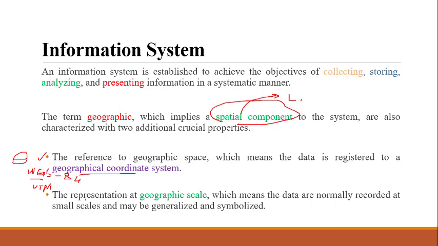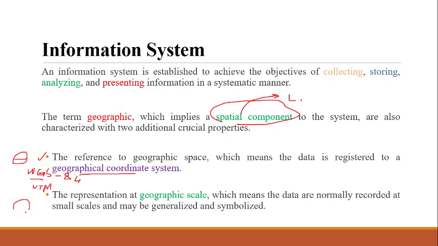The other one is the representation at geographic scale, which means the data are normally recorded at small scale and may be generalized and symbolized. Every piece of data that we take on the earth's surface has some kind of scale, that is large scale or small scale.